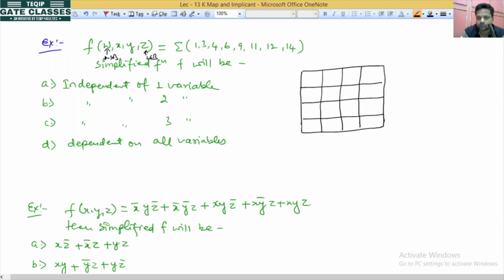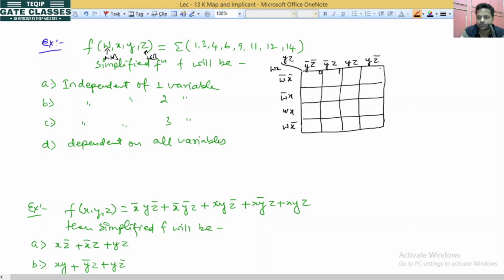Look how good my drawing is, even the lines seem to be dancing. So it will be wx, and this is yz. I'm directly going to write w bar z bar, y bar z bar, y bar z, yz, yz bar. It will be w bar x bar, w bar x, wx, wx bar.